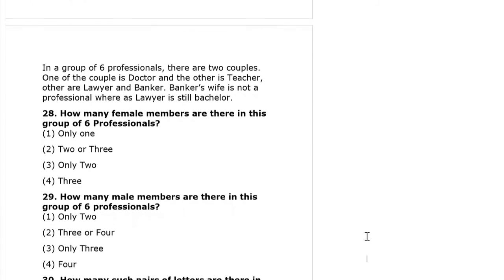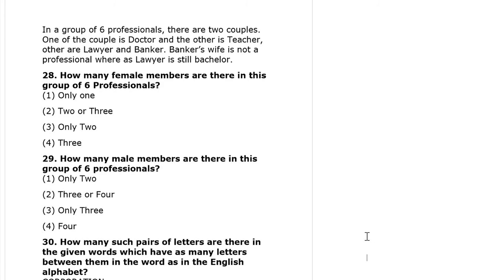Again, one calculation question is there. Okay, 6 professionals are there. Total 6 professionals: 1, 2, 3, 4, 5, 6. 2 couples. One of the couple is doctor, the other one is teacher.